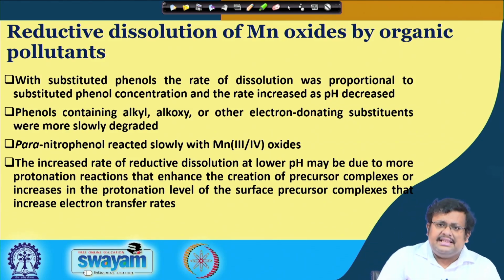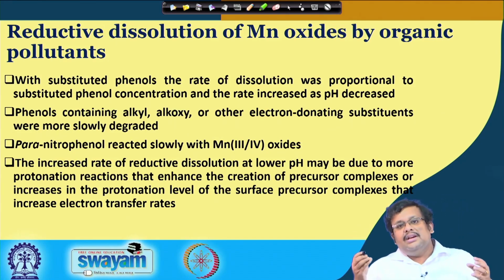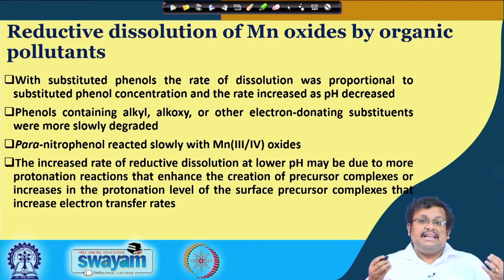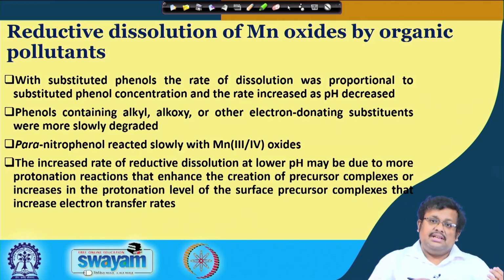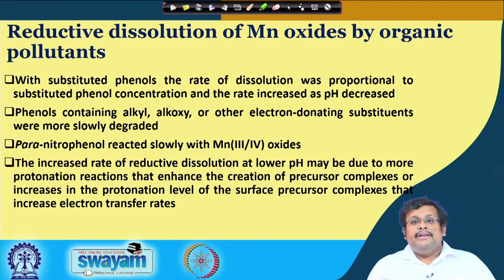We have seen the reductive dissolution, because phenol is attaching, remember, the phenol is attaching and then it is reducing the Mn4 to Mn2. So, with substituted phenols the rate of dissolution was proportional to the substituted phenol concentration, and the rate basically increases as pH decreases, and phenols contain different alkyl, alkoxy and other electron donating substituents which are slowly degraded.